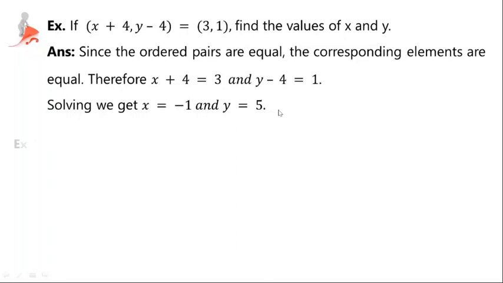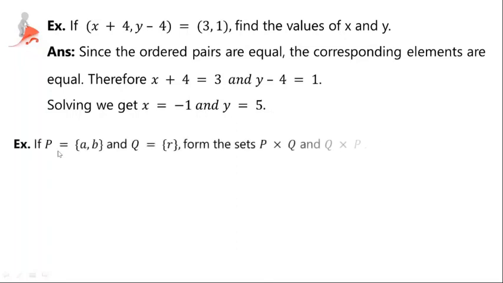Next example we have: if set P has the elements a, b, and set Q has the element R, so keep in mind it is a singleton set, form the sets P cross Q, that means the Cartesian product of sets P and Q, or we may say P with respect to Q, and Q cross P. Are these two products equal?